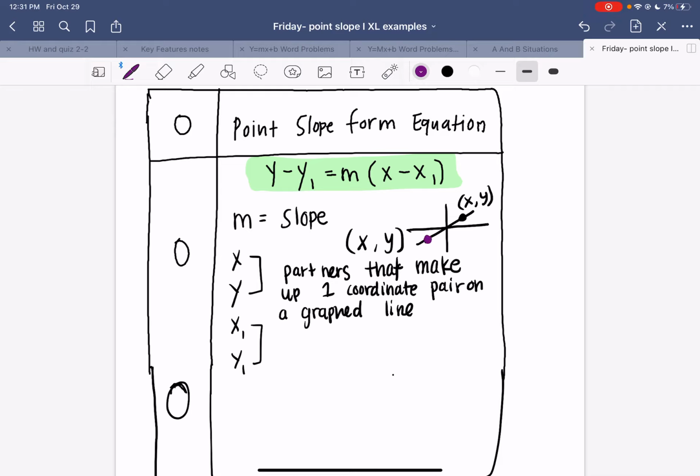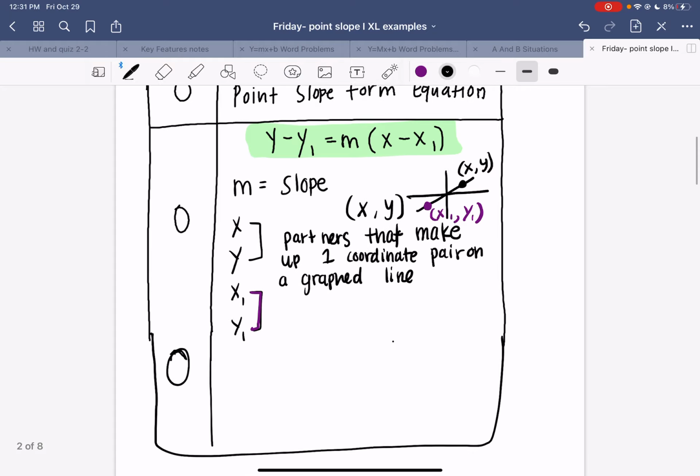So this right here, this purple one, is going to be x1 comma y1. So both of these represent two separate coordinate pairs that appear on our graphed line. So we're going to show what examples we might need this type of formula or equation.